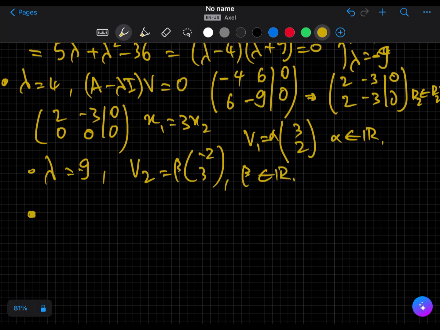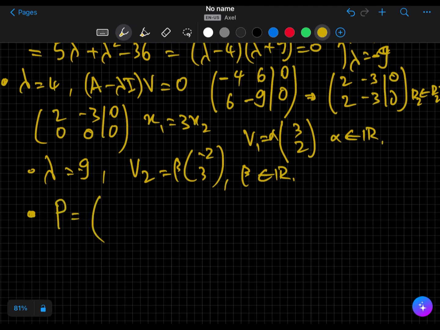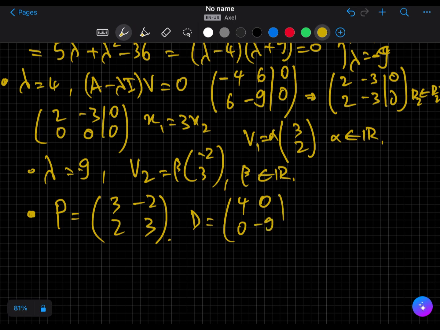Now, once we have that, we can have the P matrix, which is the matrix of the eigenvectors. So I have 3, 2, and I have minus 2, 3, and the D matrix, I have 4, 0, and I have 0, minus 9.